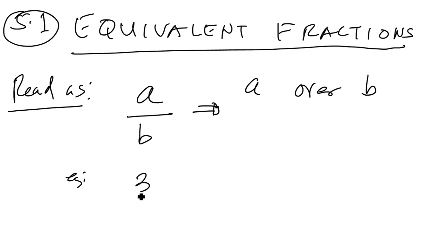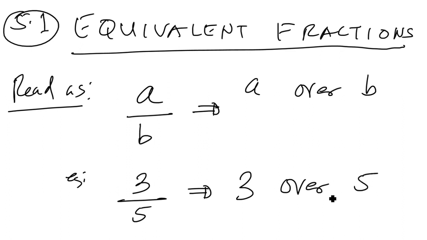Example, if you have 3 and down here you have 5, this one is read as 3 over 5. We still have many other forms of reading these numbers, but this one is the most common one. We use the word over.